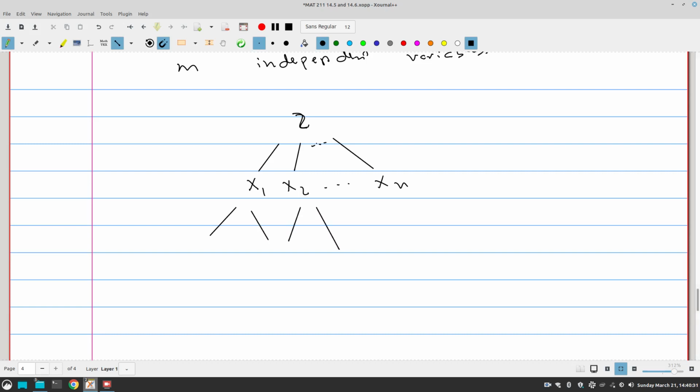Each of x1, x2, x3, x4 all the way to xn depends on t1, t2, t3 all the way to tm. This depends on t1 to tm.